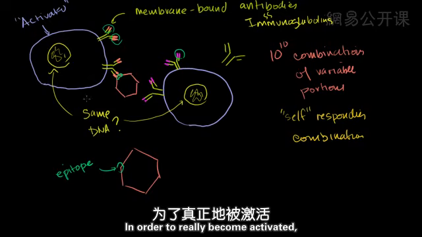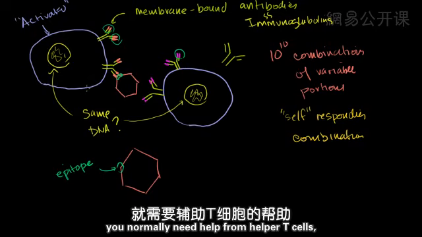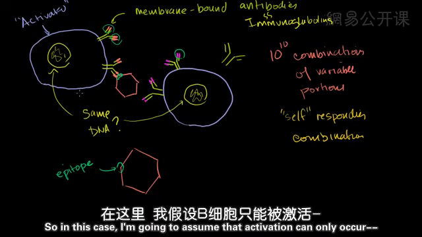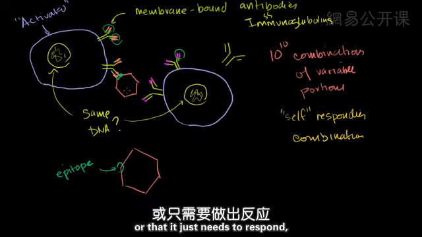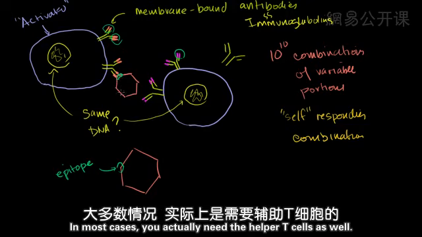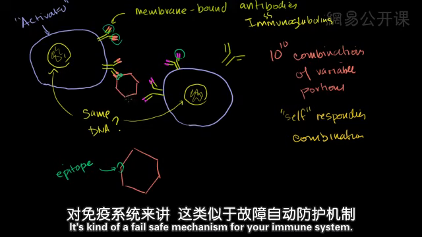In order to really become activated, you normally need help from helper T cells, but I don't want to confuse you in this video. So in this case, I'm going to assume that it just needs to essentially be triggered by binding with the pathogen. But we'll see in most cases you actually need the helper T cells as well, and we'll discuss why that's important. It's kind of a fail-safe mechanism for your immune system.